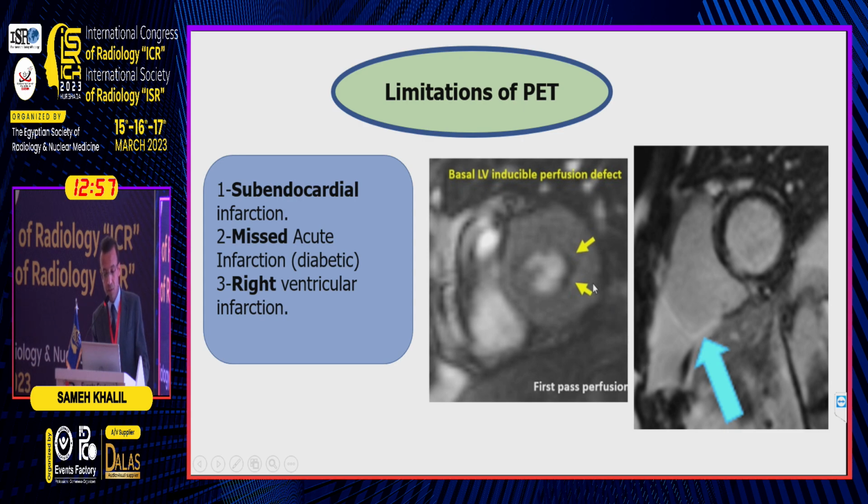And the very small subendocardial ischemia, as in this case, a patient presenting with myocardial ischemia and a borderline lesion in the LCX territory. We have a stress perfusion defect, but it is very small to be detected by the PET-CT images.